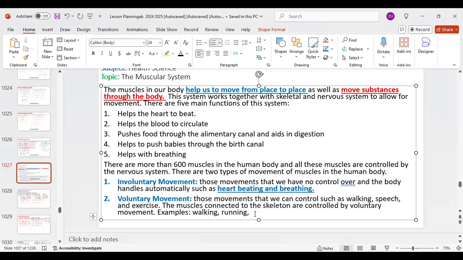We already have examples, we don't need more. Walking, speech, exercise. Those are all examples of voluntary movements. Okay.